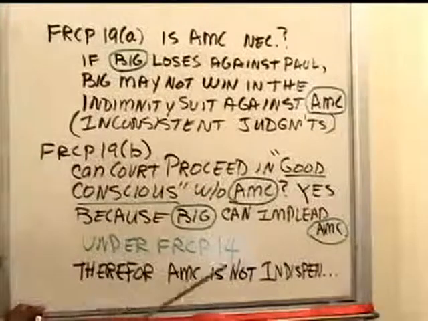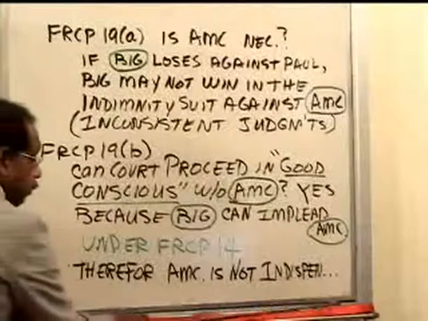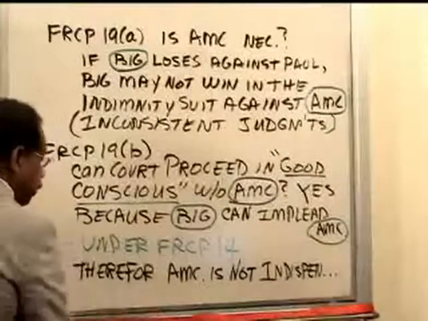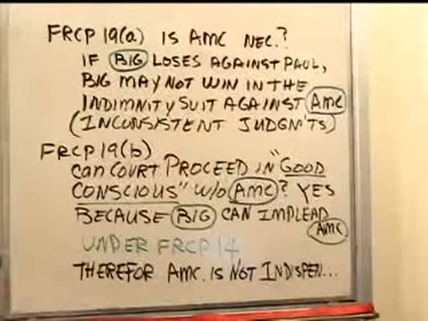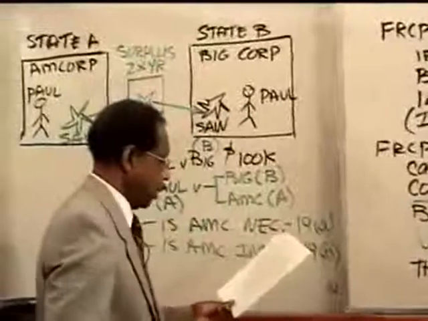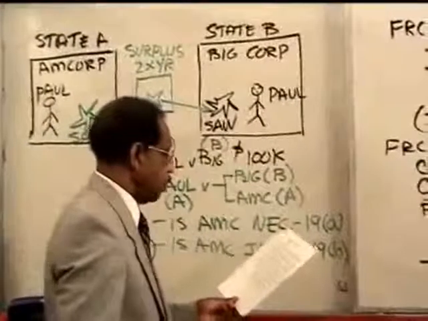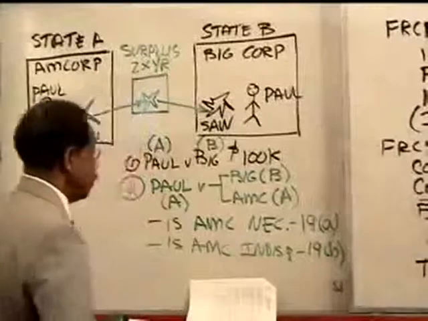Therefore, M Corp is not an indispensable party, and the court was incorrect, or wrong, or in error when it dismissed Paul, because the facts say at line 29 that the federal court dismissed Paul's complaint.